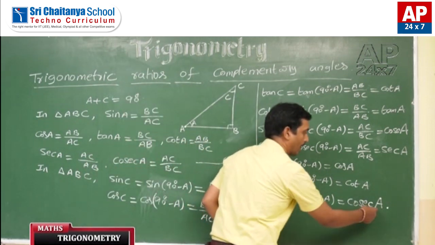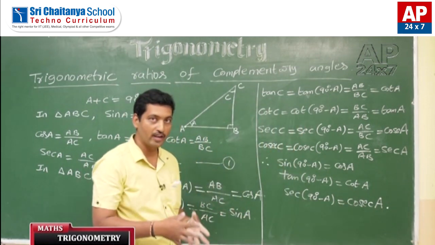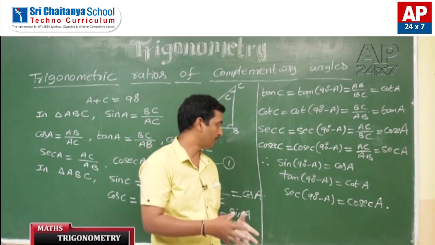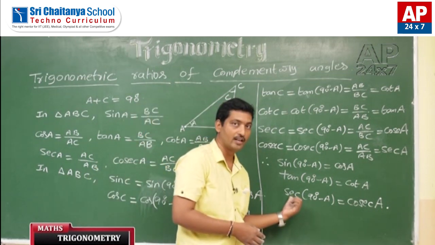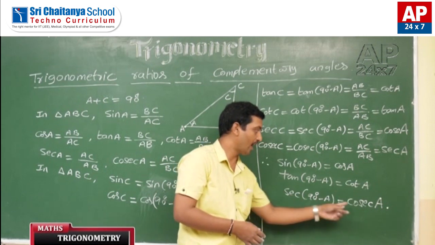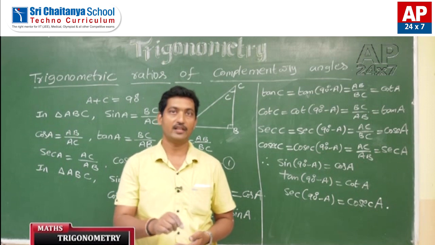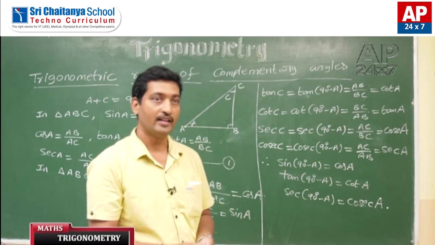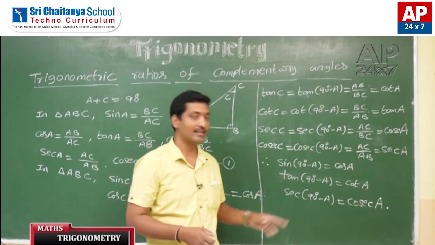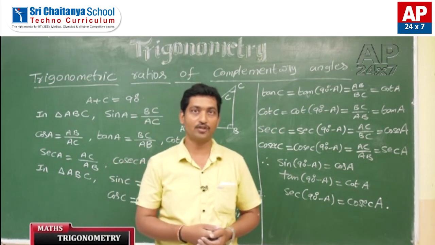Therefore, these two are complementary angles, and these two ratios are related with the complementary angles, so before secant, if you add CO, it becomes the cosecant. That is the reason why CO is added before the sine, tan and secant. Is it clear to all?